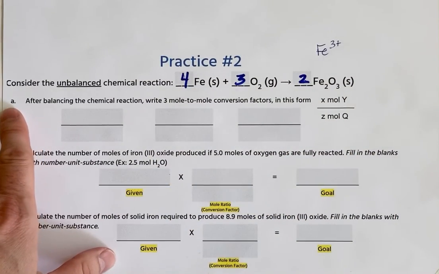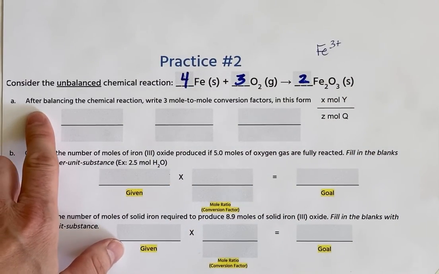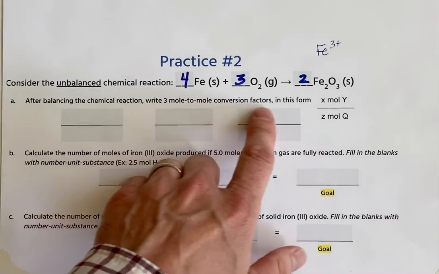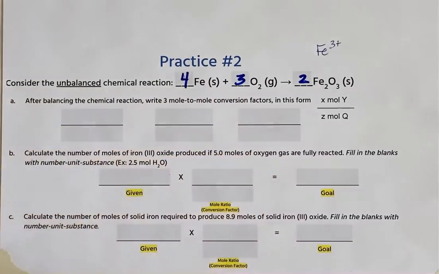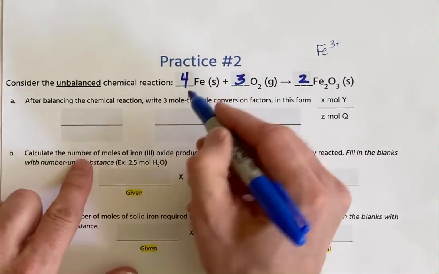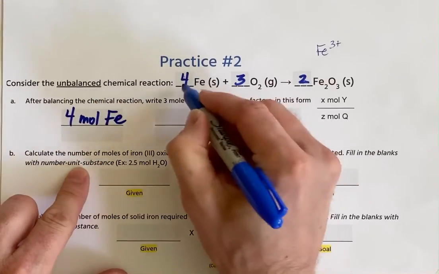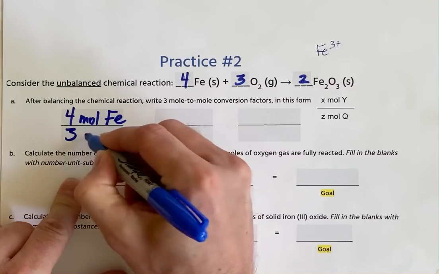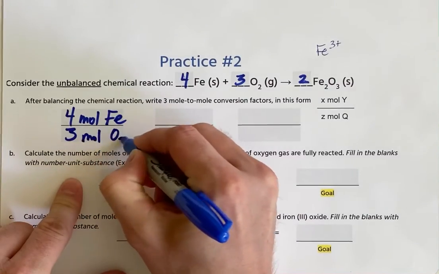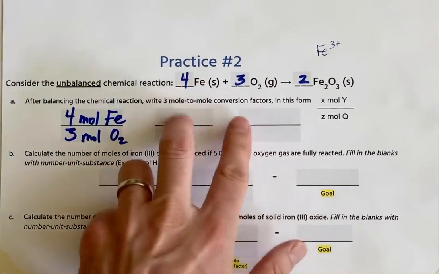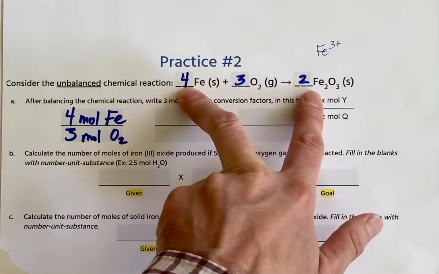So letter A asks us, after balancing it, to write 3 mole to mole conversion factors. So I'll just start here with iron. 4 moles of iron is equal to 3 moles of oxygen. Right? We just made a ratio out of these 2 chemicals. What about these 2 chemicals?